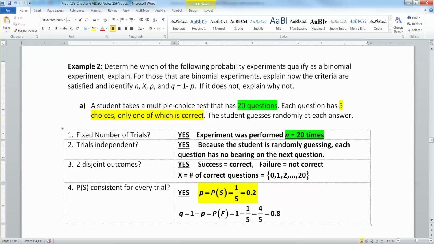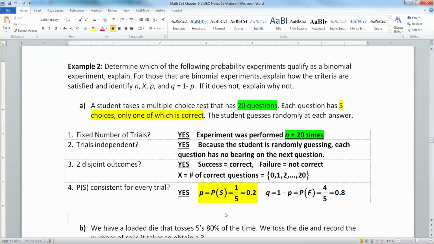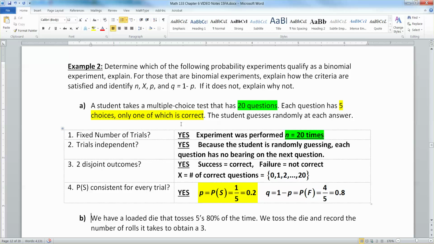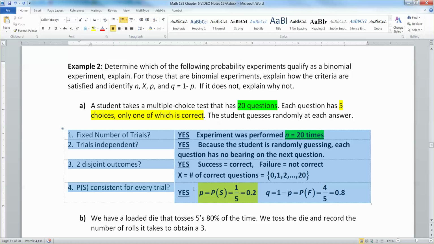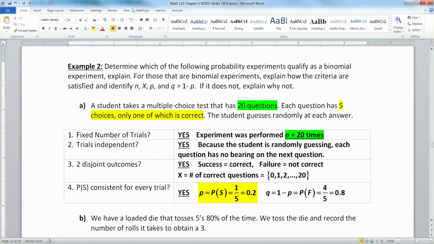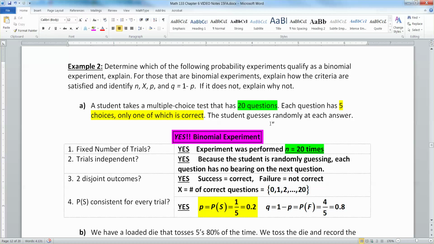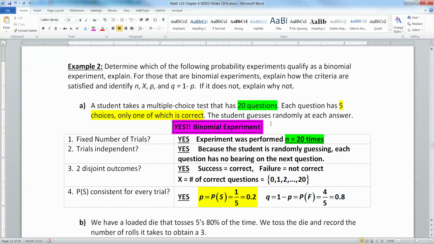And there we have that. All right, so that one was a binomial experiment. Because we have all of this in here, we can tell that it's binomial. So I should say up here someplace, yes, binomial. There. Yes, it's a binomial experiment, and we've just proven it.